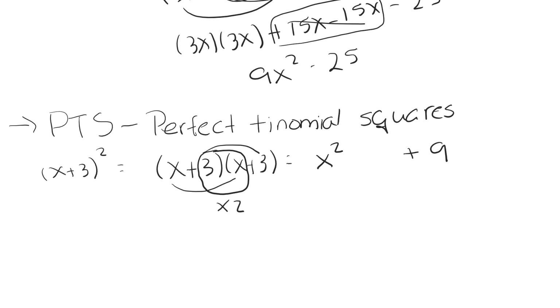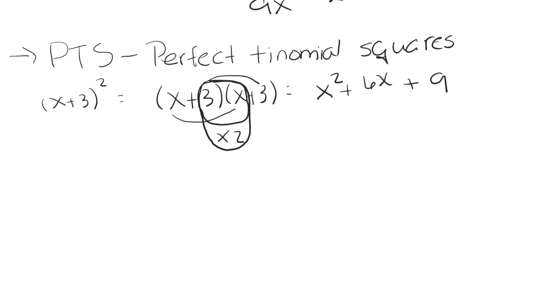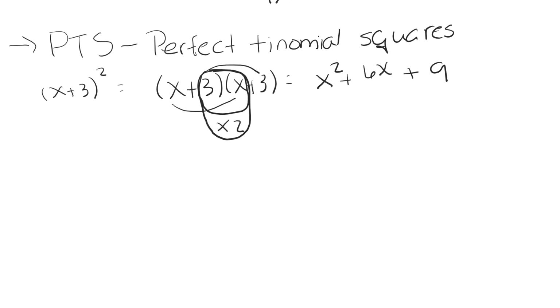It's a little harder to understand, but 3 times 2 times x is plus 6x. So I know you probably have a lot of questions right there. So let's do another one.